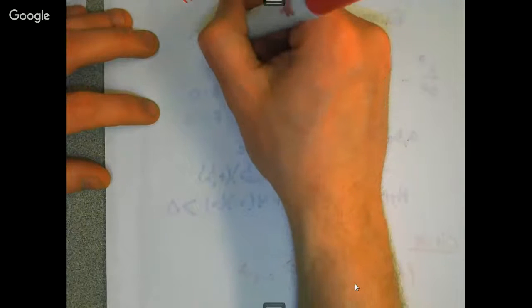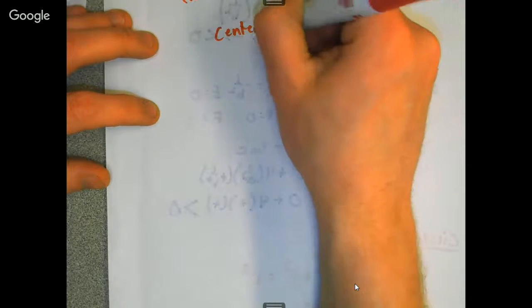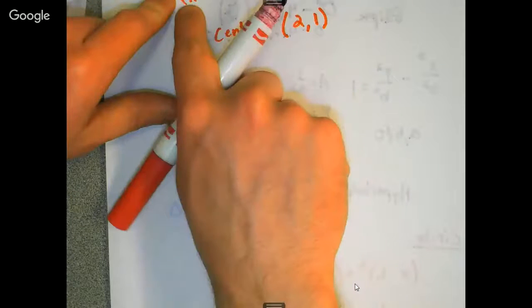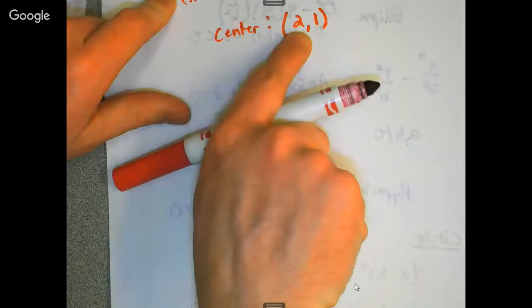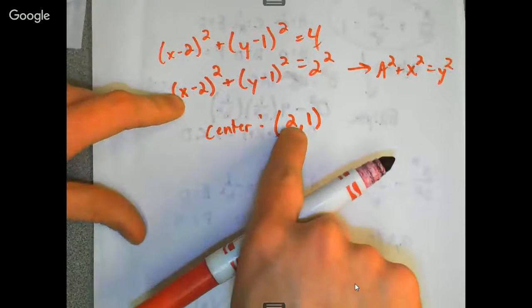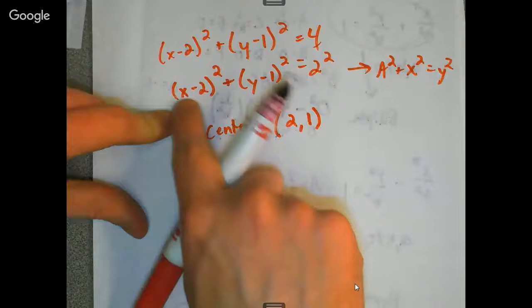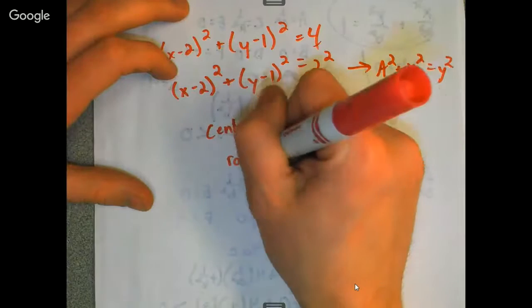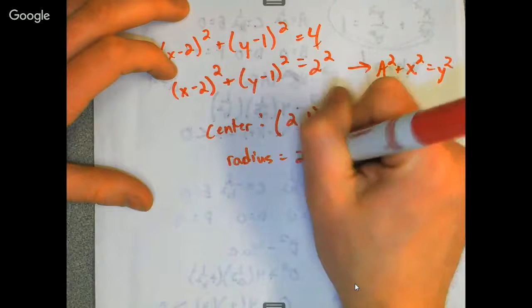Your center is at 2, 1. Again, the 2 is the x value and the 1 is the y value. And your radius is 2.